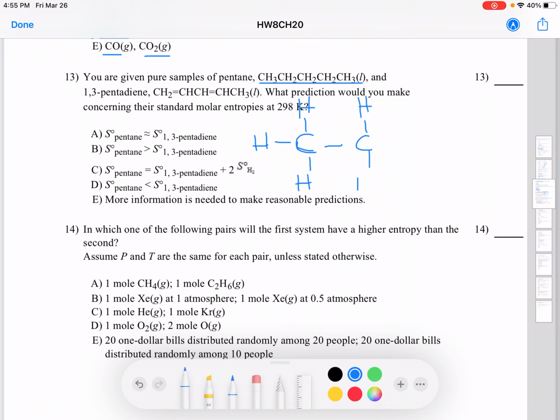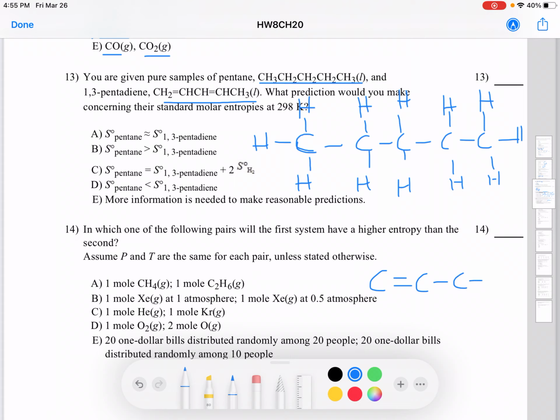They all are single bonds, and these are all hydrogen. So they are all single bonds in the pentane molecule. And if you take 1,3-pentadiene, you can see there are double bonds like this. Another carbon. And then you have hydrogen. Sorry.